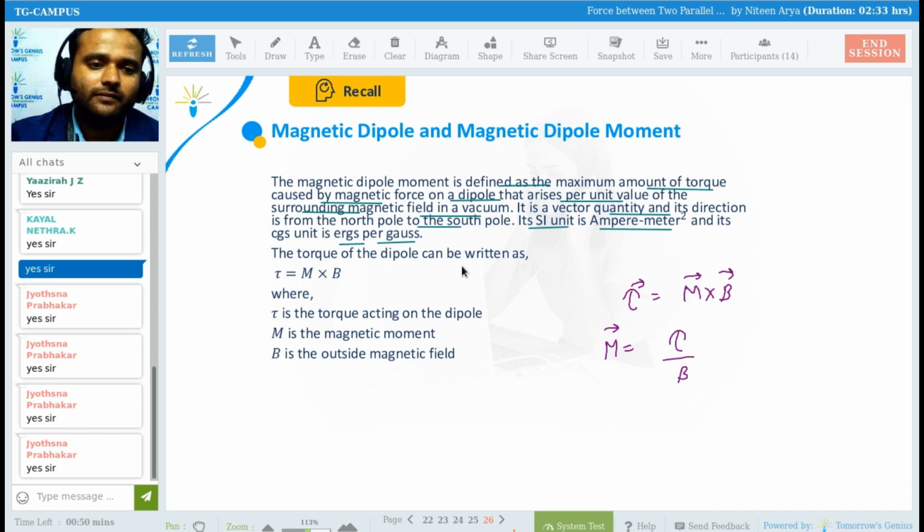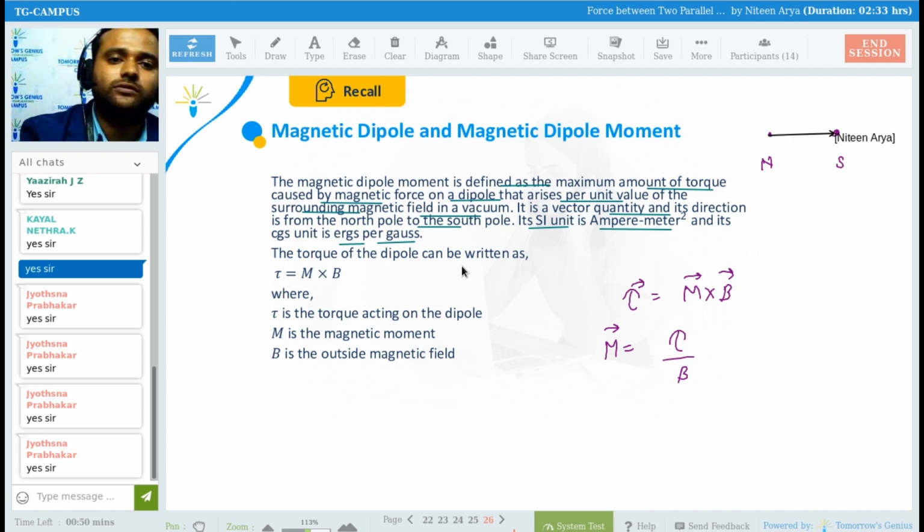As simple as that. Suppose this is your magnet, or your dipole, north and south. Here the direction of your magnetic moment M is from north to south.